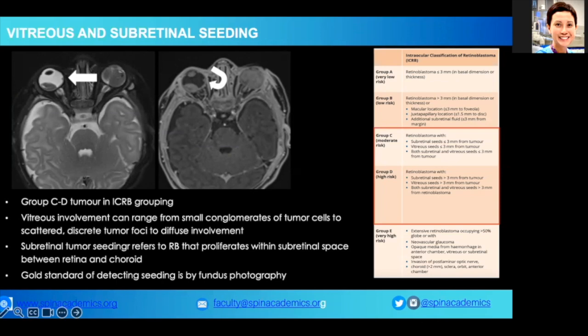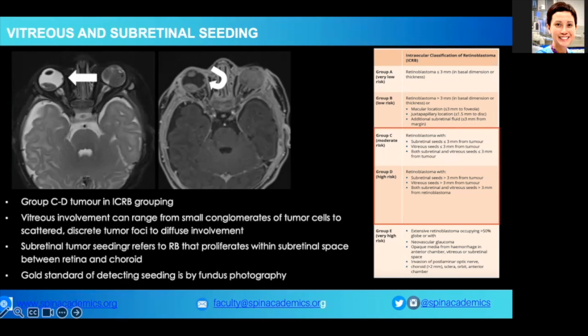Vitreous and subretinal seeding corresponds to group C and D tumor in the ICRB grouping. Vitreous involvement can range from small conglomerates of tumor cells to scattered, discrete tumor foci to diffuse involvement. RB that proliferates within the subretinal space between the retina and the choroid is termed subretinal tumor seeding.